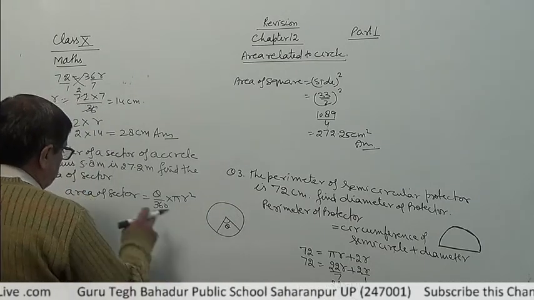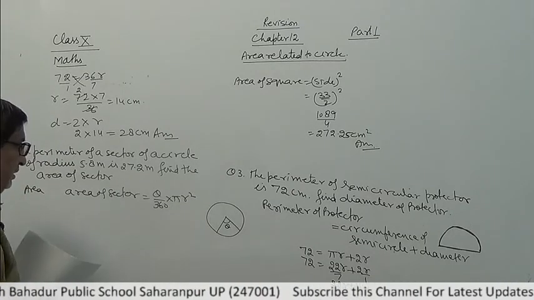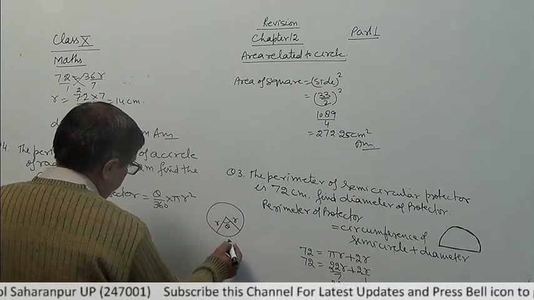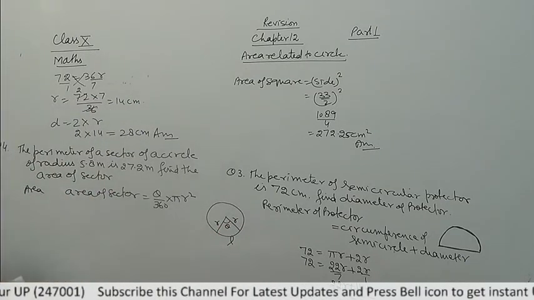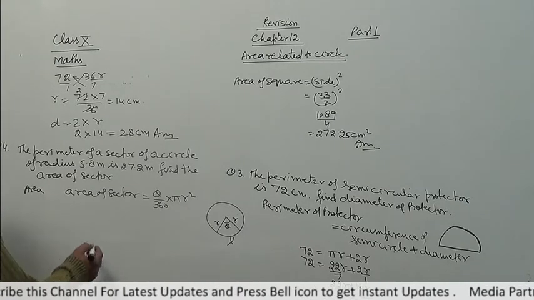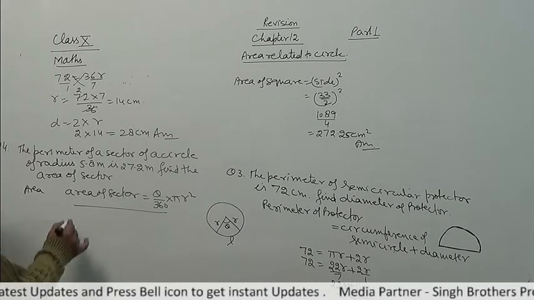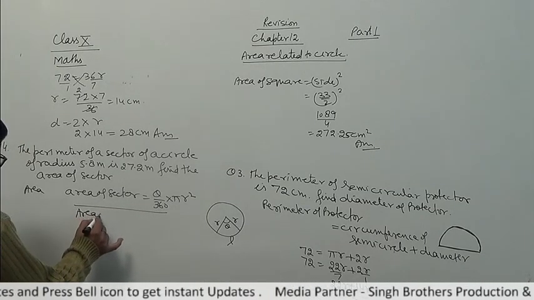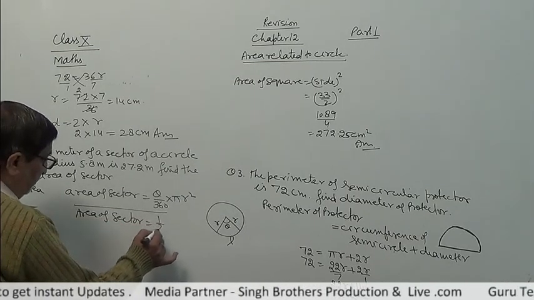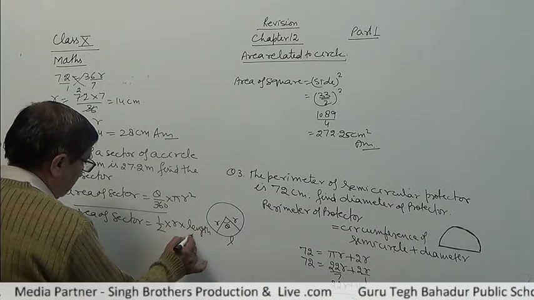Either by using the perimeter of the sector we find the angle theta, or another way: these are the two radii plus the length of arc. In place of this formula, we will use area of sector is equal to half into radius into length of arc.